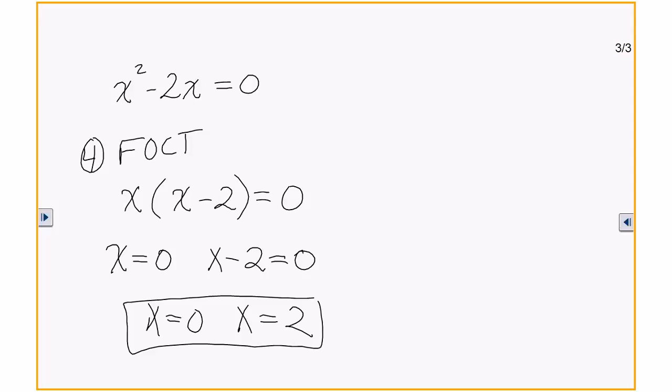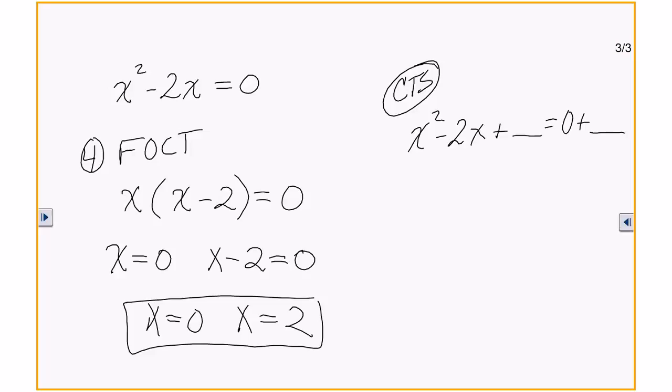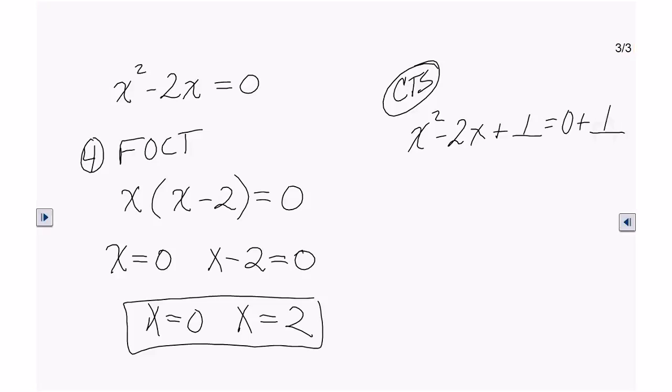So you can go back to your handy-dandy complete the square and go x squared minus 2x plus blank is equal to 0 plus blank. Half of 2 is 1. 1 squared is 1. Shortcut number 2, x minus 1 quantity squared is equal to 1. Now your vertex is 1 comma negative 1. Now you got your vertex.